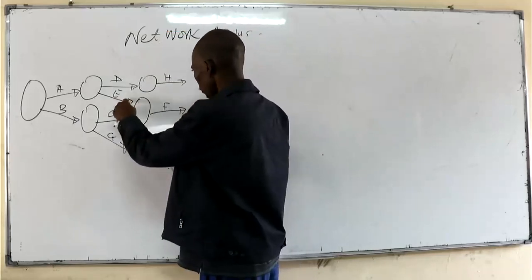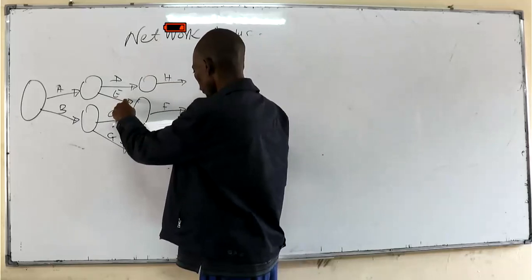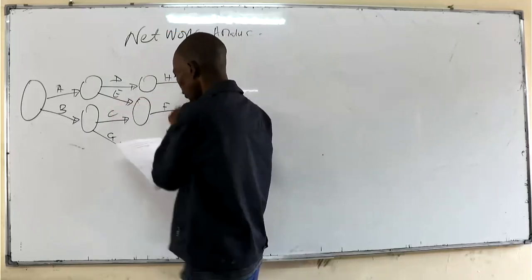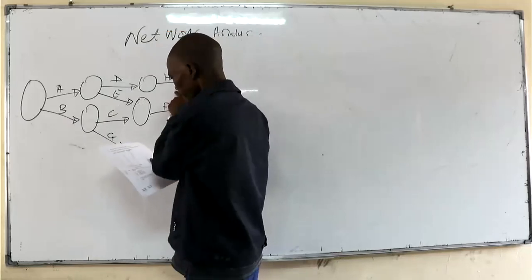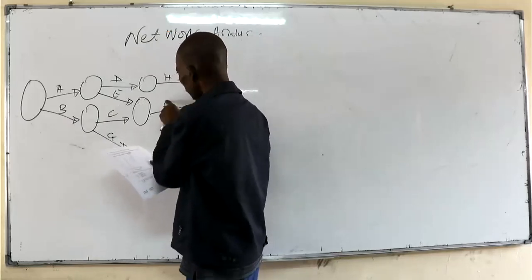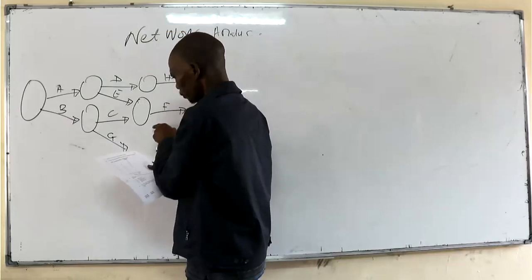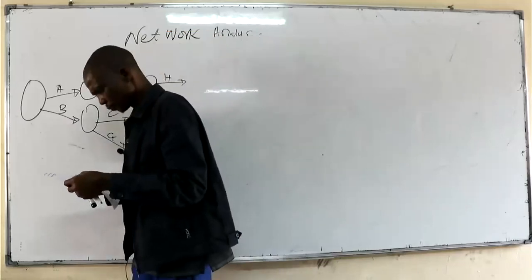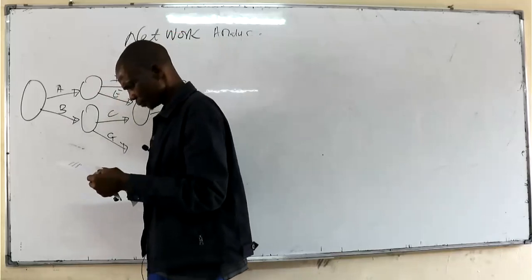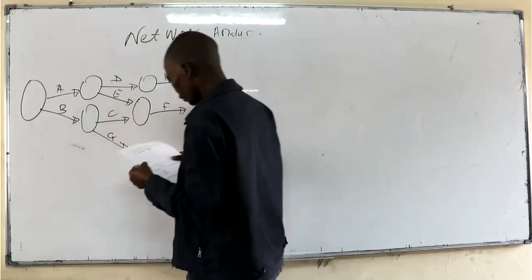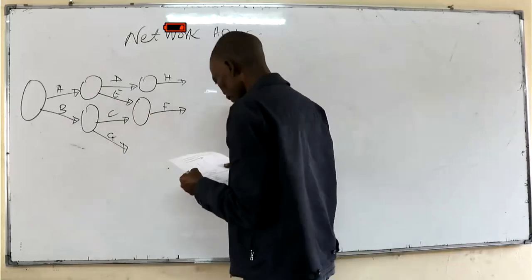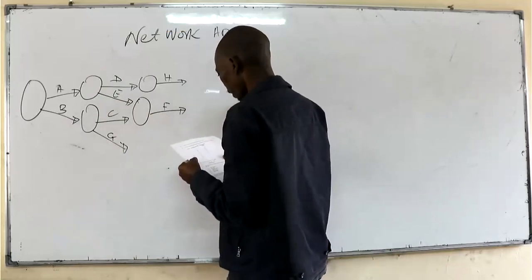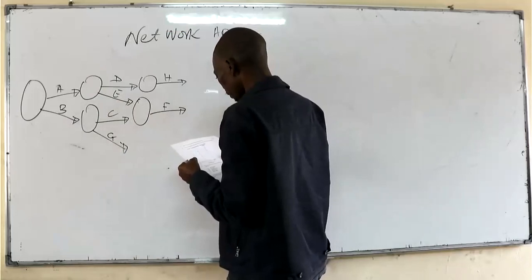So you've been told I, F, H, G. Just a minute. For J to start, G must end.